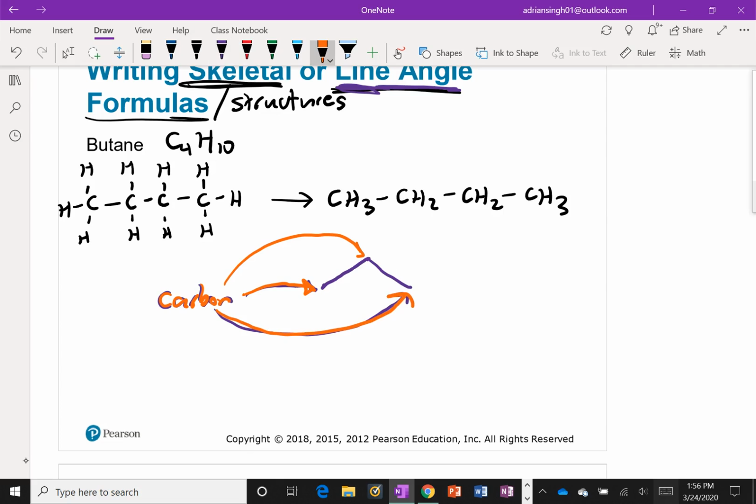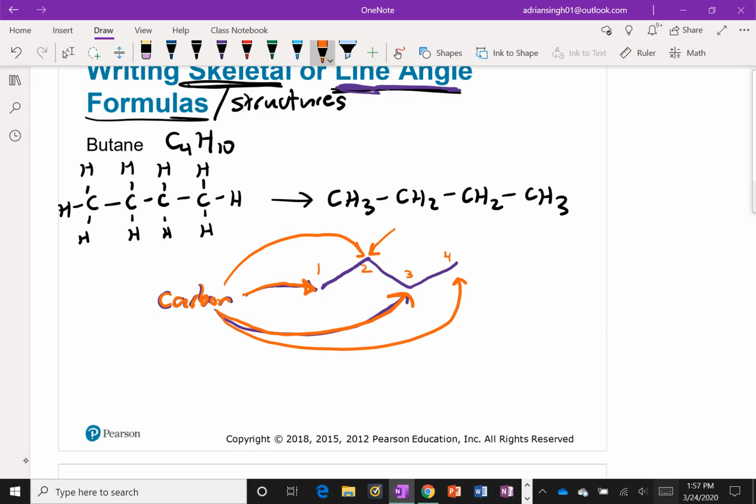And where those two lines intersect, right here, there's a carbon there as well. So right now, it looks like an A that I just drew, and this actually has 3 carbons in it. 1, 2, 3. And if I were to extend my line one more time, then there's going to be a carbon at the end of that line as well.